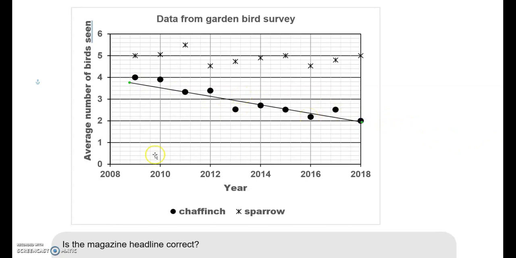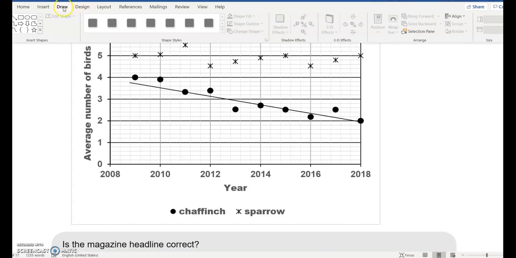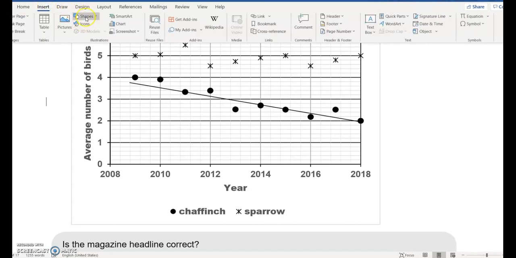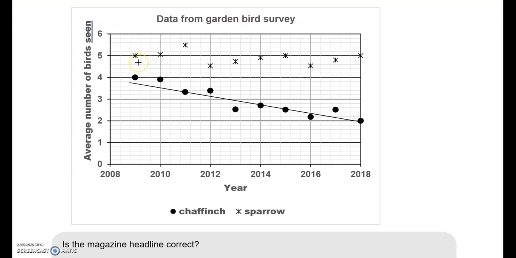And that looks like it. So we can see for chaffinches that the trend is downwards. Let's look at sparrows. Two and a half, 2.5. There is no downwards or upwards trend when it comes to sparrows.